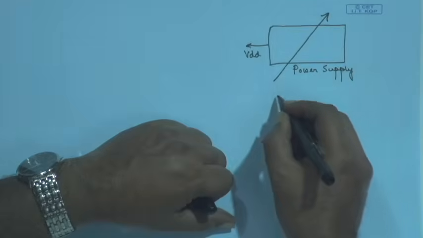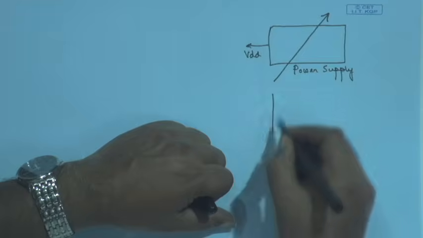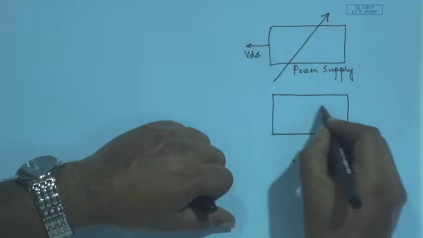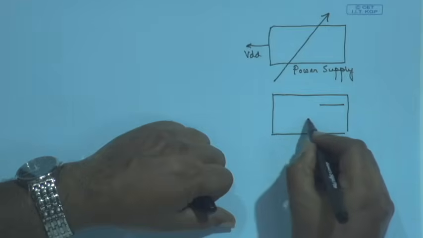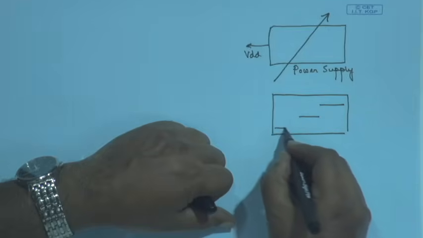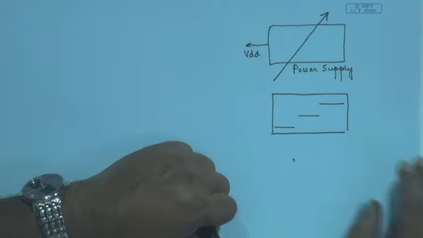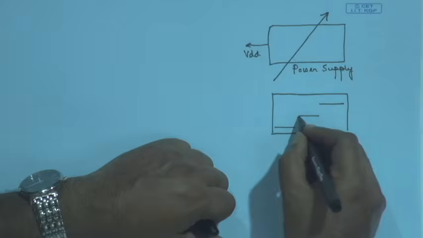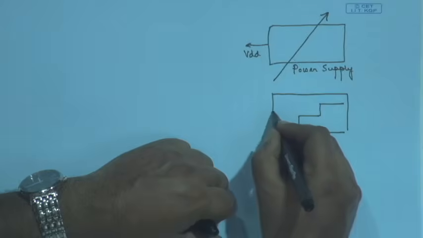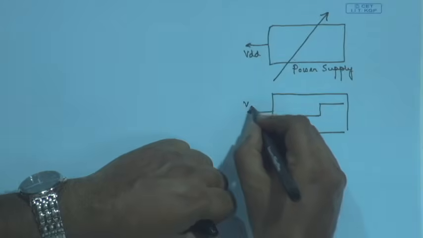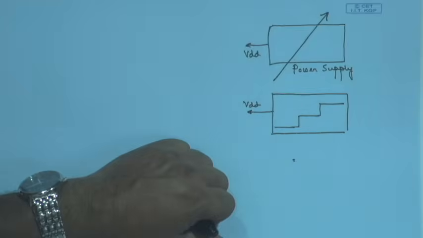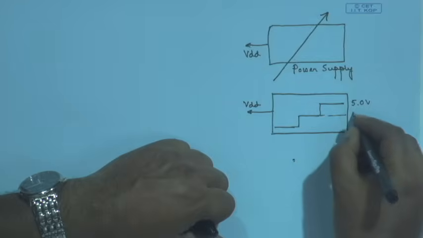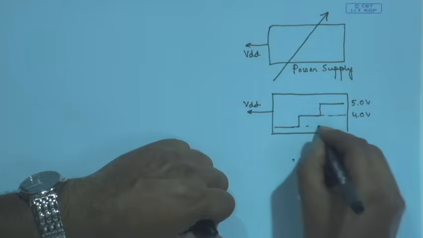For that, most systems will have some discrete levels of power supply, say 3 levels, or say 5 levels, whatever. Here we can switch between any of these levels and get the VDD. Say this one is 5 volt, this one is 4 volt and this one may be 2.5 volt.